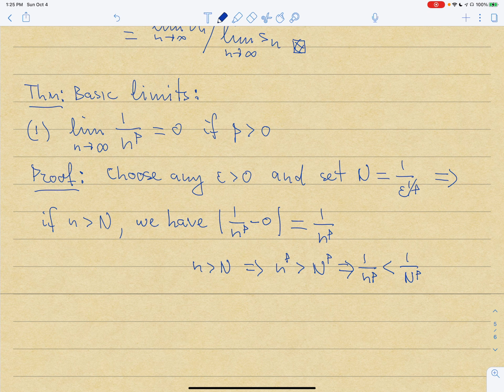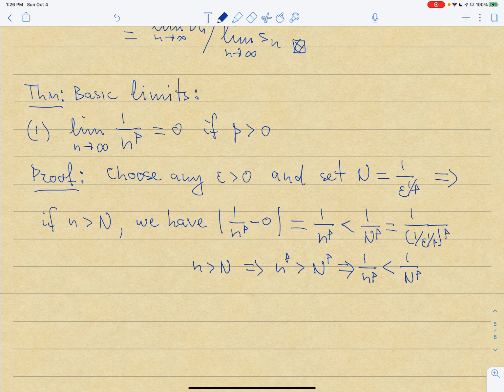Okay, so then this is less than 1 over big N to the p. But who is big N to the p? It's 1 over epsilon to 1 over p. So we have 1 over epsilon to 1 over p, all of that raised to the power p.